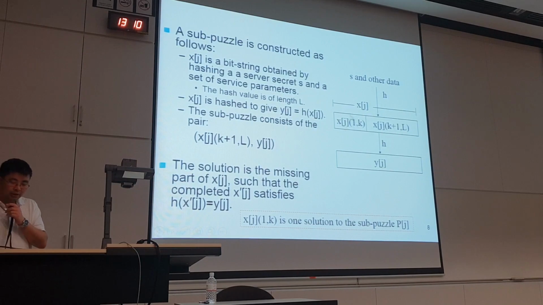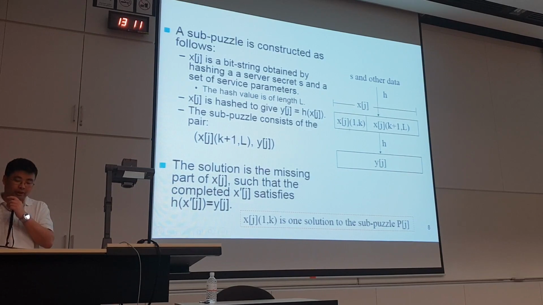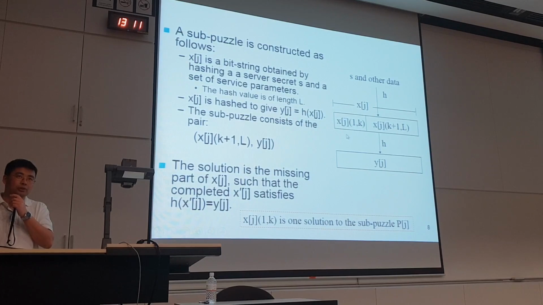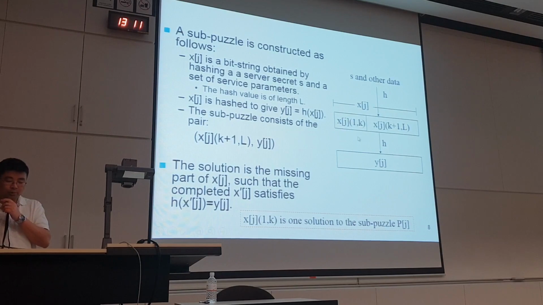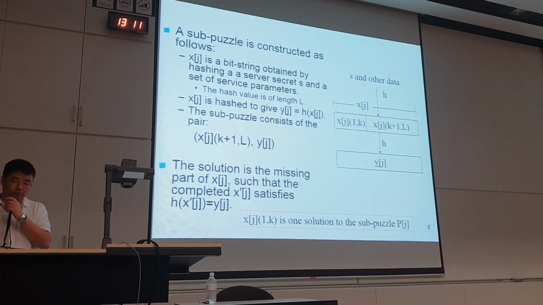So the only way to solve this client puzzle and find the K missing bits is to do a brute force search. That means you try all the possible K-bit strings to find which one combined with the remaining part can produce the correct pre-image of Y.